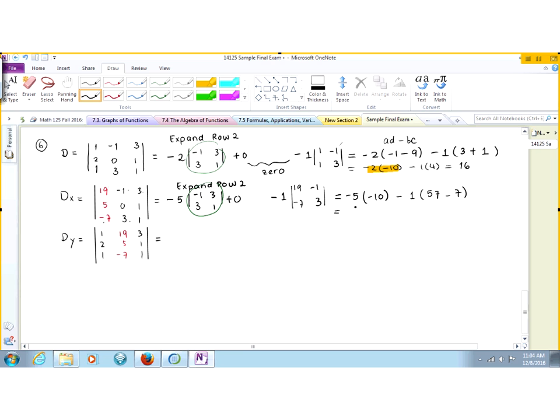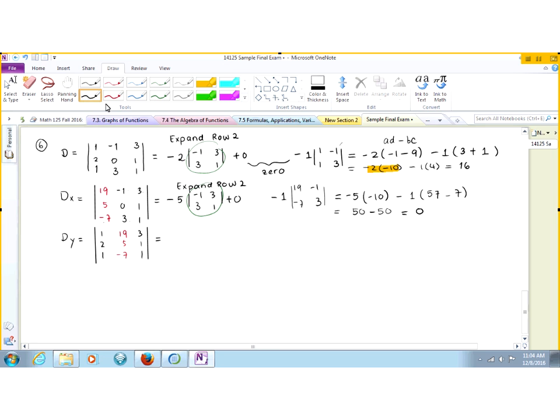Minus 7. BC is 7. Right. So this is 50 minus 50, yes. So this is equal to 0. Well, no, 0 is a number. X equals 0.